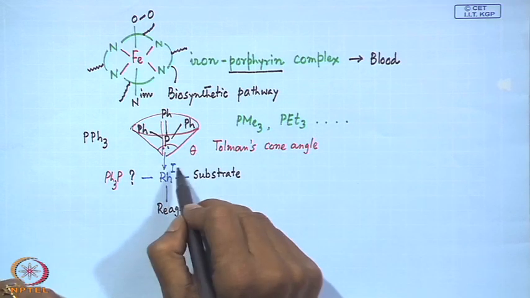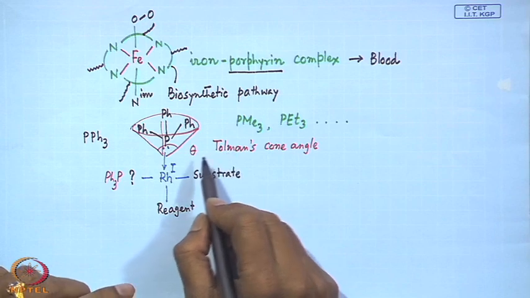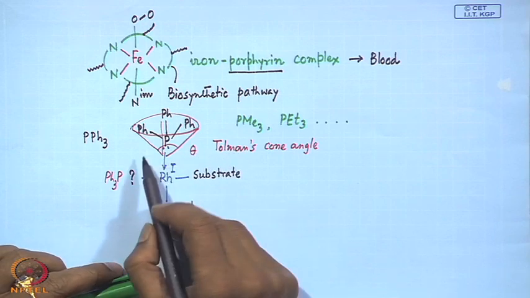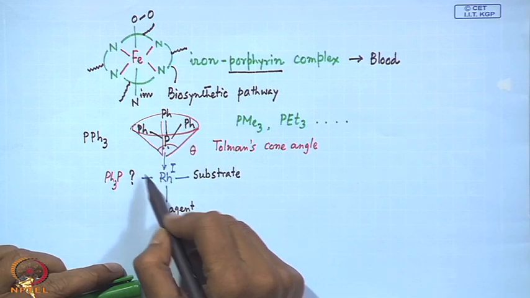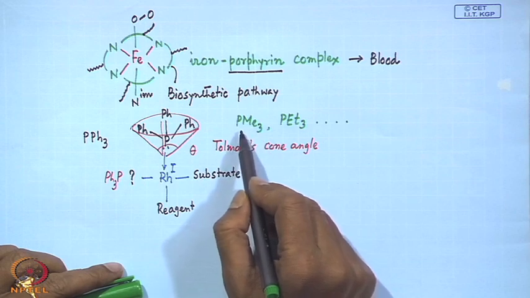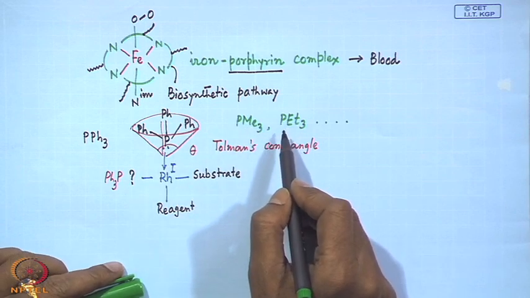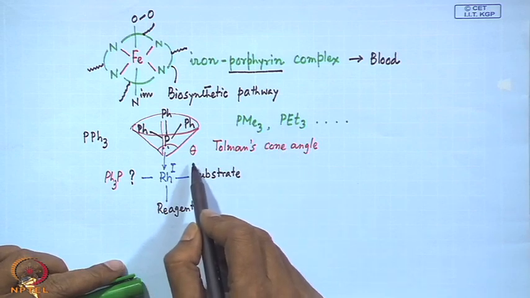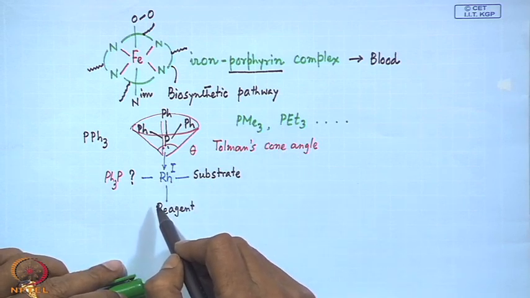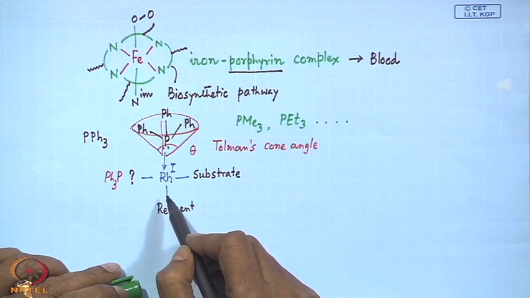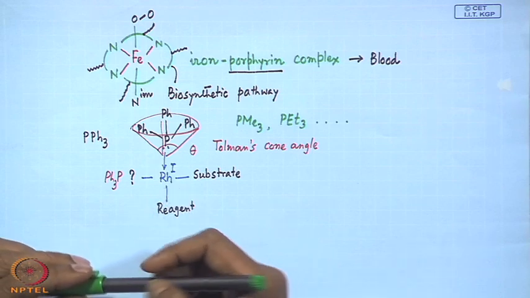So, we can have different cone angles, phosphine cone angles. This particular one will have some reactivity when we substitute it by trimethylphosphine, and when trimethylphosphine is substituted by triethylphosphine, we have a different cone angle, and the reactivity pattern on the rhodium center will also be different.